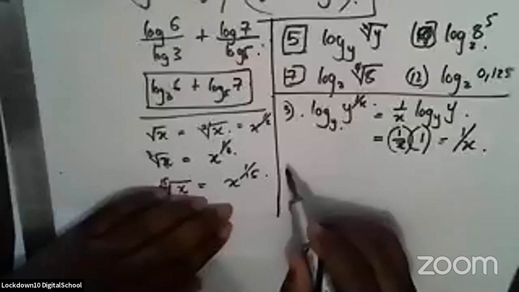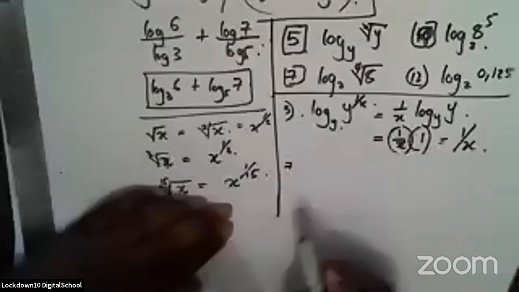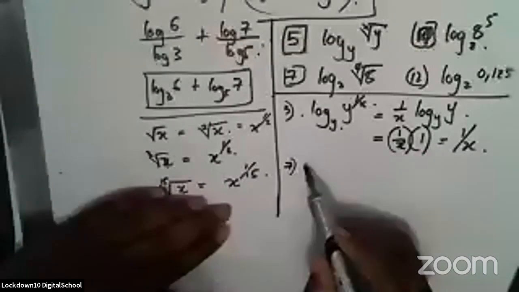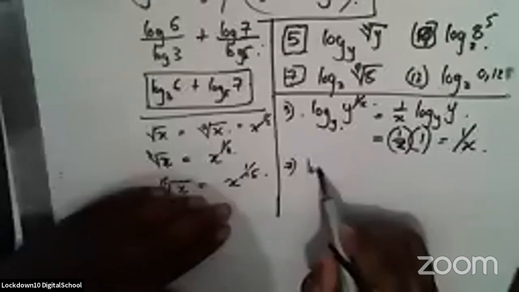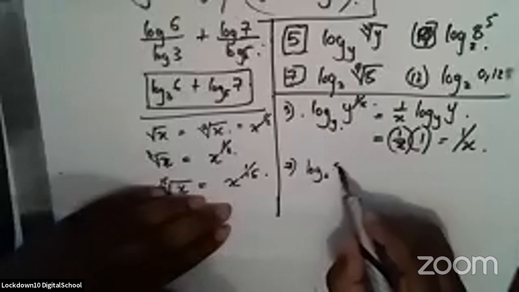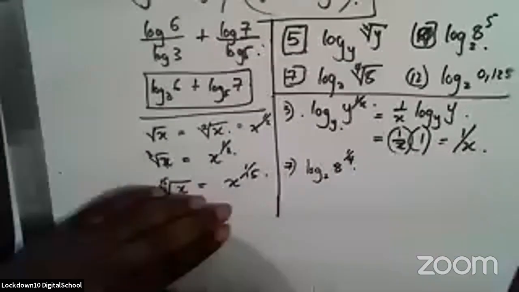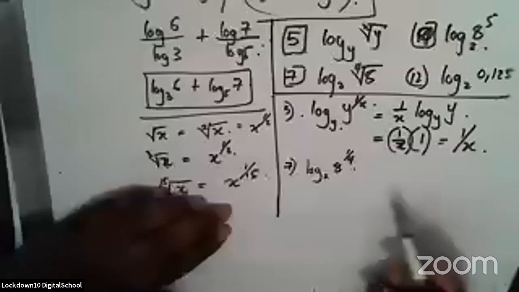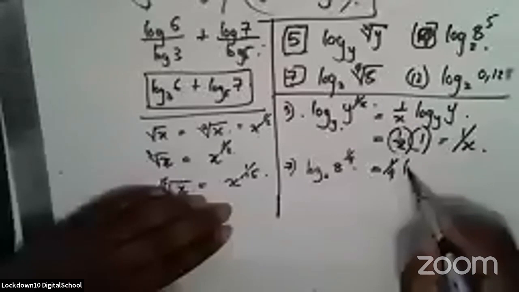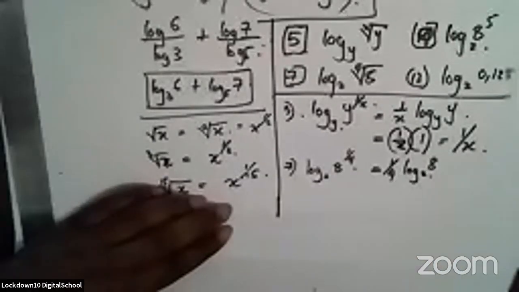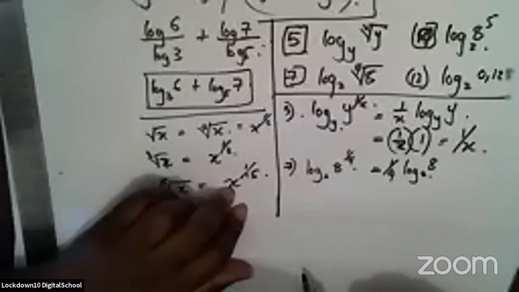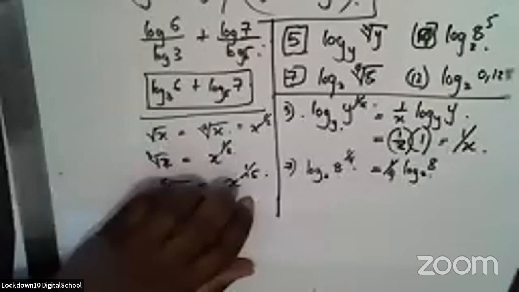Number 7. Let's do number 7. I can now say log base 2 of 8 to the power 1 over 4. Because it's the 4th root, this is equal to 1 over 4 log 8 to base 2. But log 8 to base 2, if you punch it in the calculator, you get 3.